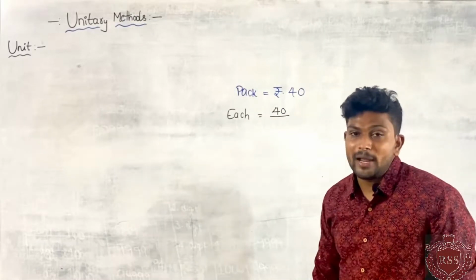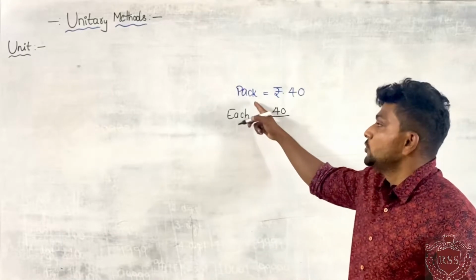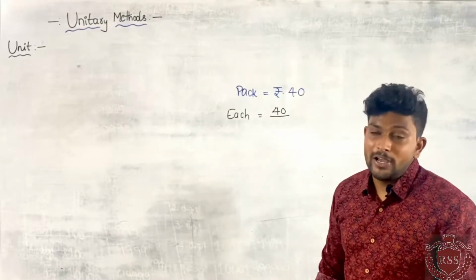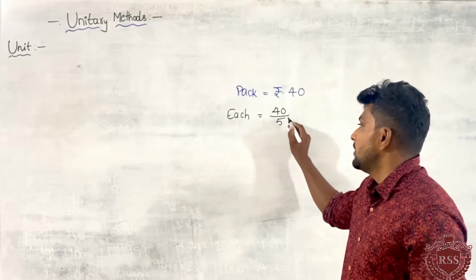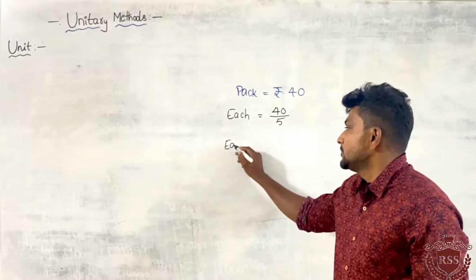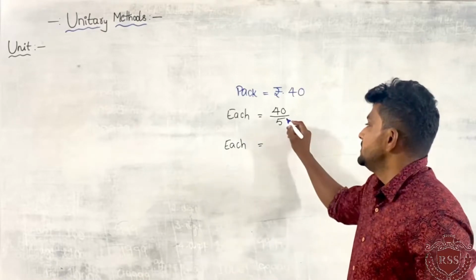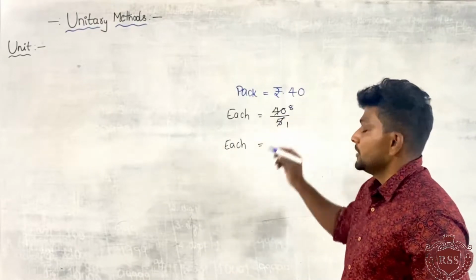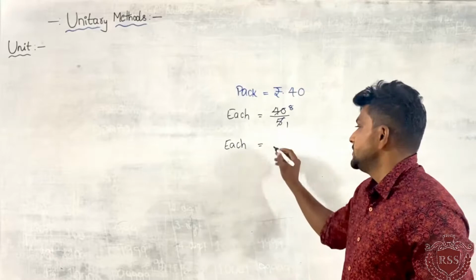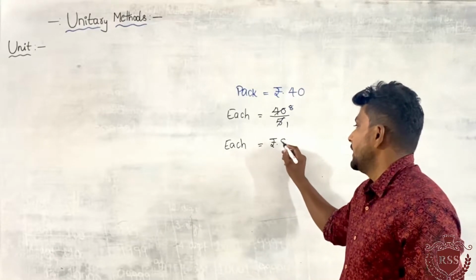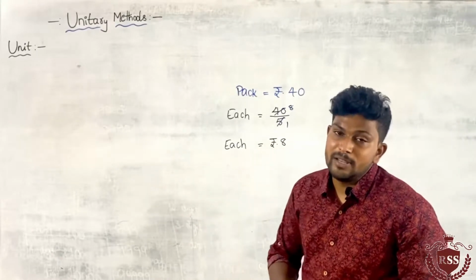How many units are there in that packet? 5 units. So each price will be 5 eights are 40, we can cancel. So each unit price is 8 rupees. Each chocolate price will be 8 rupees.